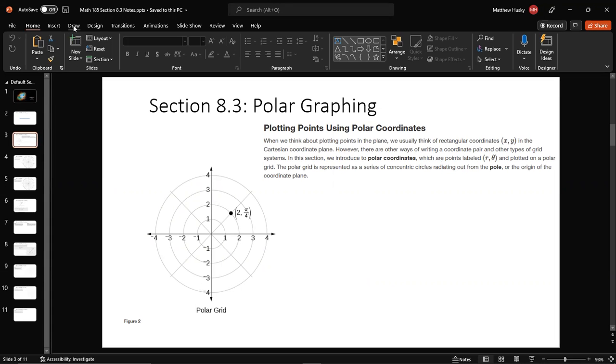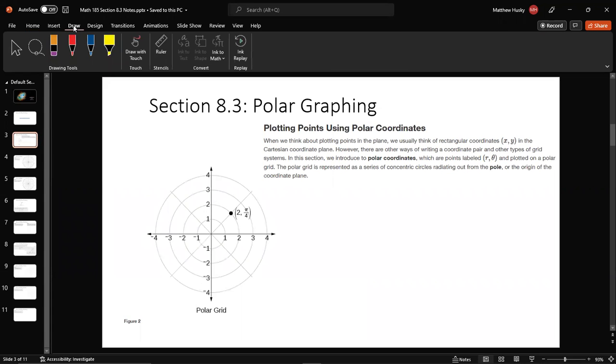And so the way polar coordinates are written is r comma theta. So instead of x comma y that they use for good old-fashioned rectangular coordinates, a polar coordinate is always r comma theta. R refers to the length of the radius.